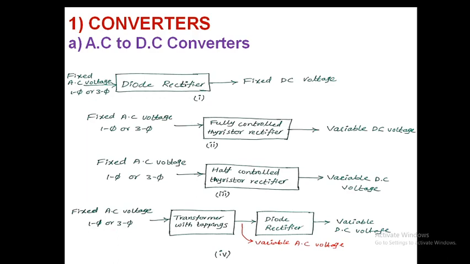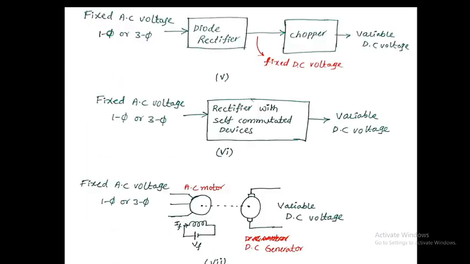That means the input is fixed and the output is variable for the fourth one, but in between the transformer and diode bridge rectifier you are getting the variable AC voltage. Because of that, by using the diode bridge rectifier, we are getting the variable DC voltage. And the fifth one: again, if you use a diode bridge rectifier, you can get a fixed DC voltage.